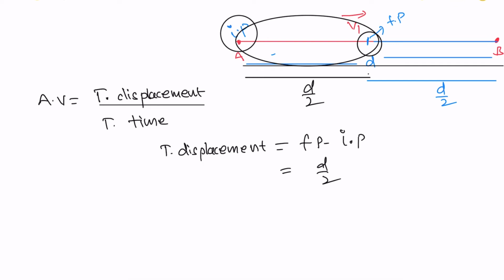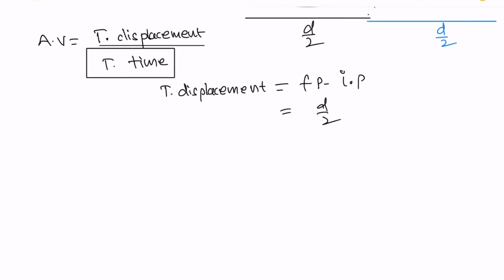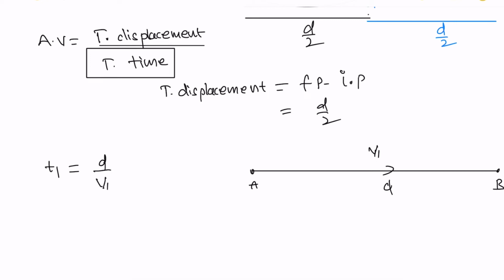So we definitely have to find the time taken to reach the final position from the initial position. Here there are two times. First, the body is moving along this direction, from A to B with speed v1, so it takes time distance by speed, that is d by v1. In the second journey, it returns back and covers half the distance, that means d by 2, with speed v2.